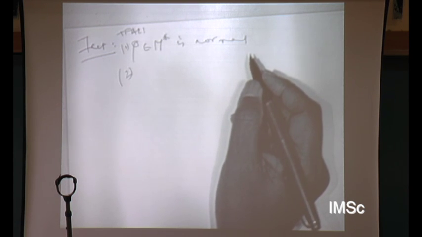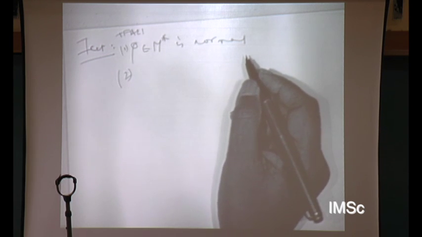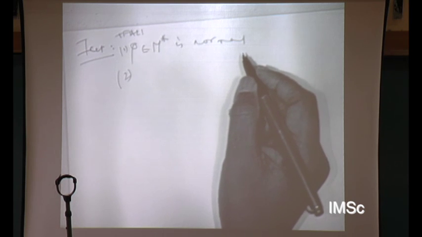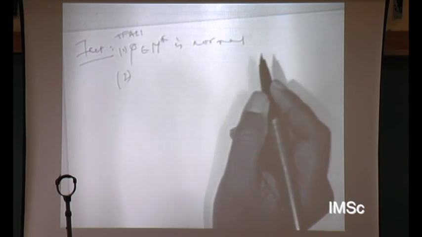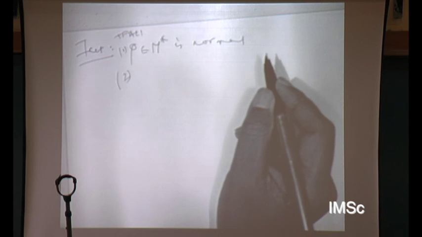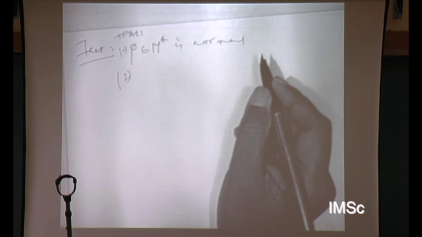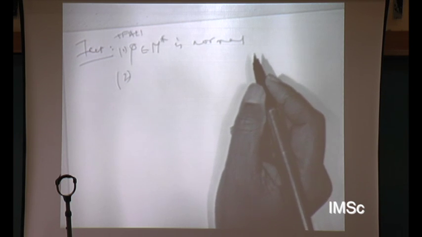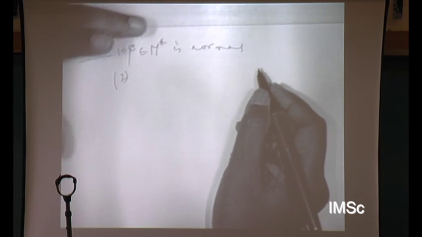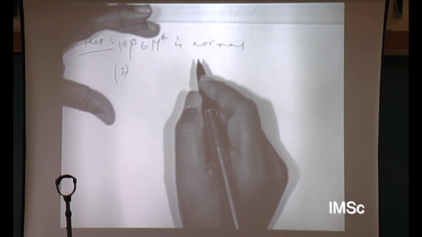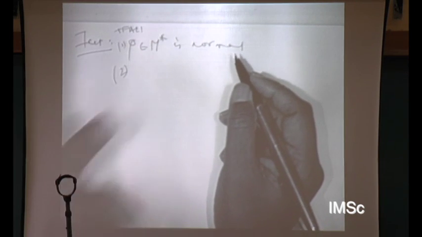Actually, I haven't proved this for you, have I? That if you take a commutative von Neumann algebra which acts on a separable Hilbert space, then it is an L infinity. So think of the example of M being L infinity.